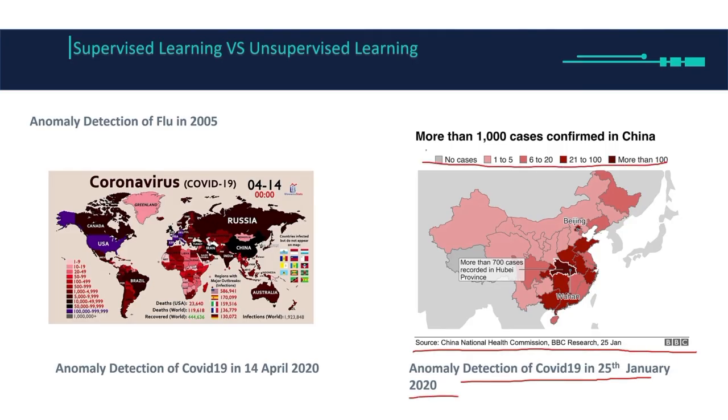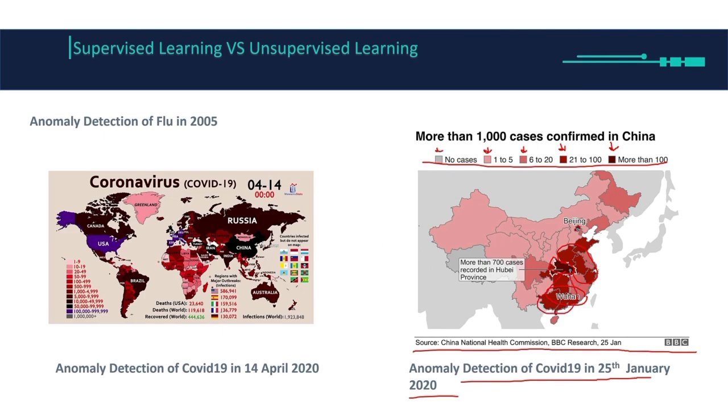Gray means no cases, light pink means 1 to 5 cases, dark pink means 6 to 20 cases, red means 21 to 100 cases, and dark red means more than 100 cases. Here you can see that Wuhan, where COVID-19 started, is very dark red, and the areas around it are in red.